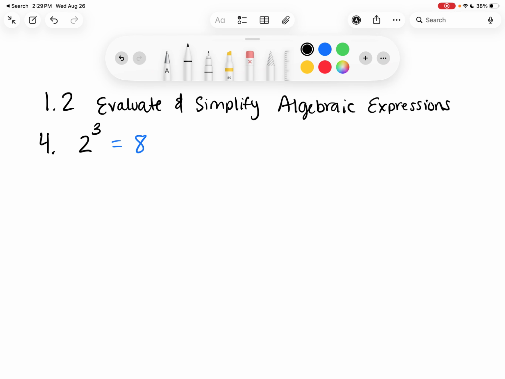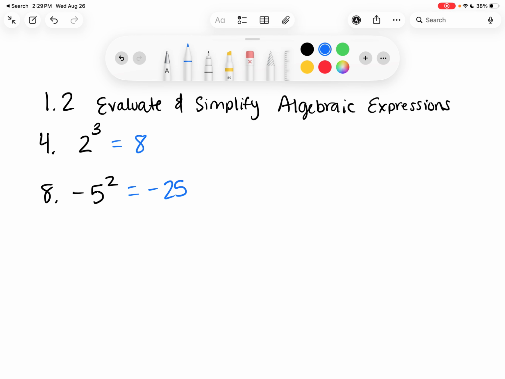Number 8, -5 squared. -25. Yep. Normally when I do this, people say 25, and they think that the negative also is getting squared.